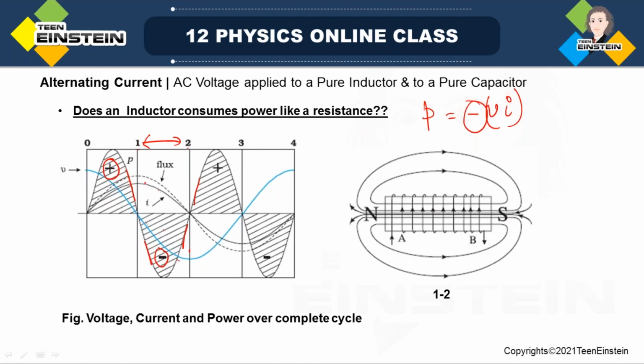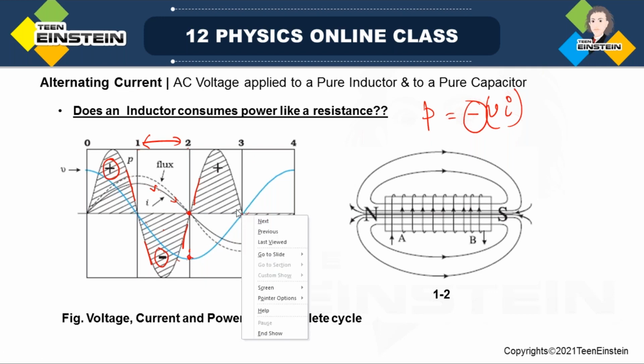Up to 2 we have seen that the current in the coil decreases, and at this point current becomes zero, and then it changes its direction and goes towards the negative side. Whereas your voltage in this region 2 to 3 is actually increasing and becoming zero over here.